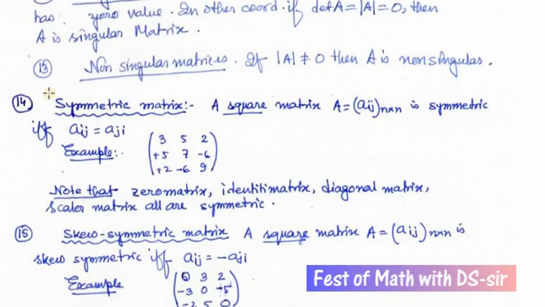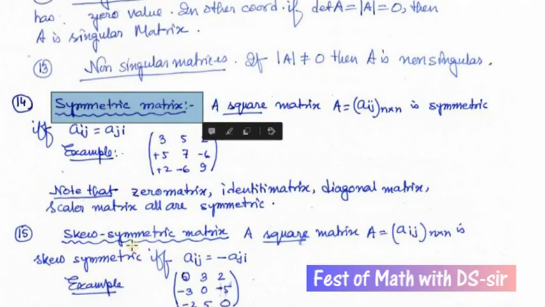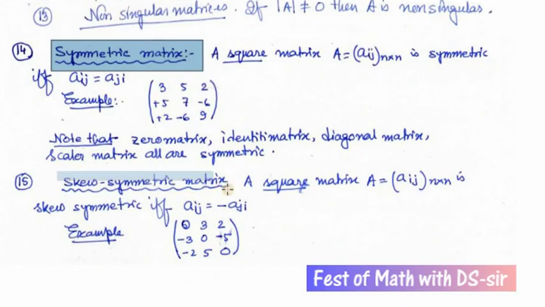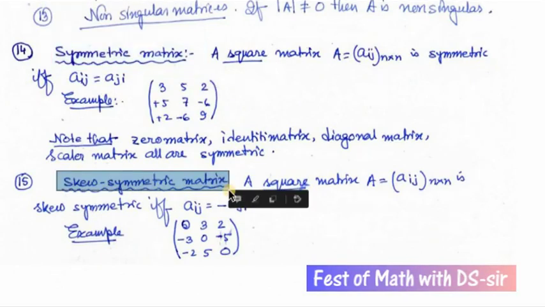Symmetric matrix. These two terms, symmetric matrix and skew symmetric matrix, are also applicable in the case of square matrices. Likewise, as in the case of determinants, how did we define a symmetric matrix?